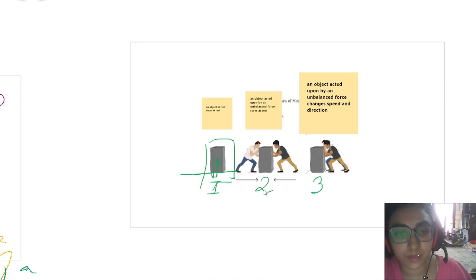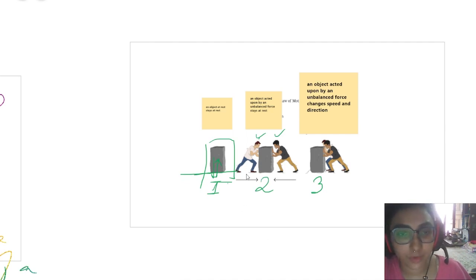Now two people start coming and pushing it. Okay, let's assume that both of them are pushing the stone at equal strength, like equal force. So again, it is static. Why?